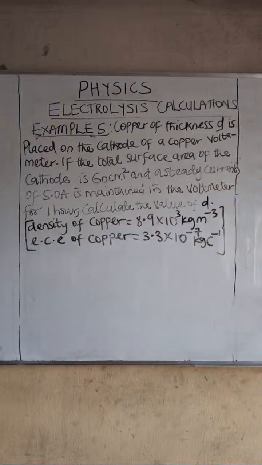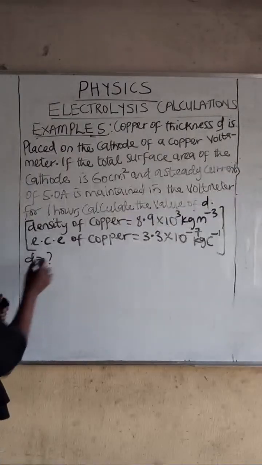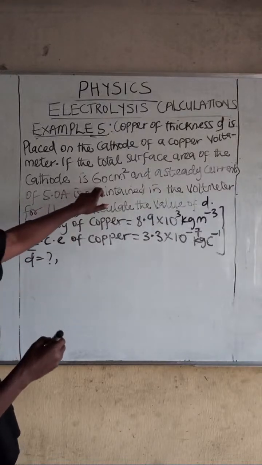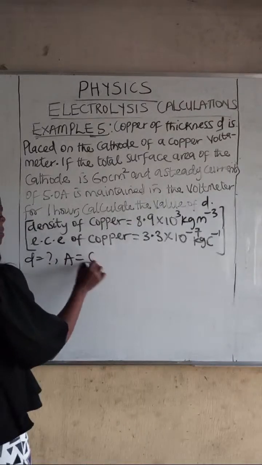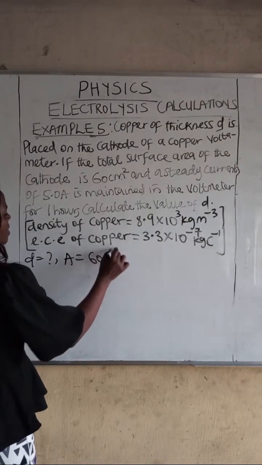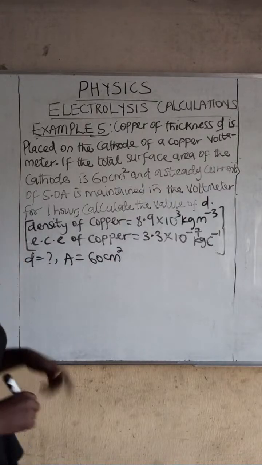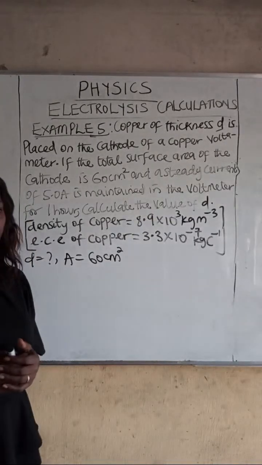To be able to solve this, let us set our parameters and get into solving. Now, the thickness is what we are looking for, okay? Then the surface area, which is given as 60 centimeters squared. Now, there is something I want you to understand. We are going to convert this centimeter square to meter square, okay?